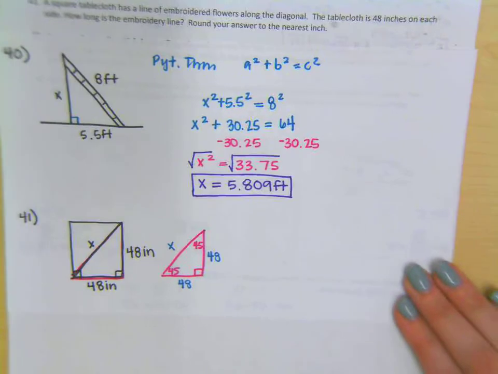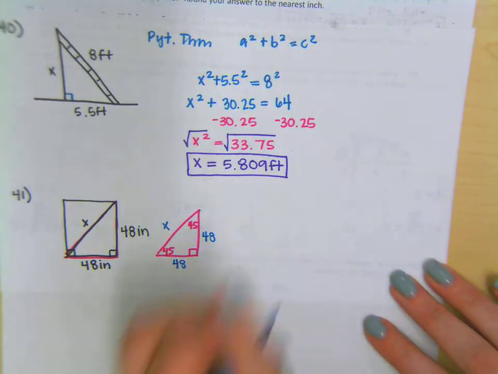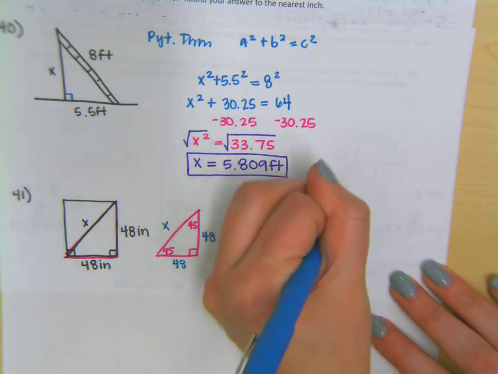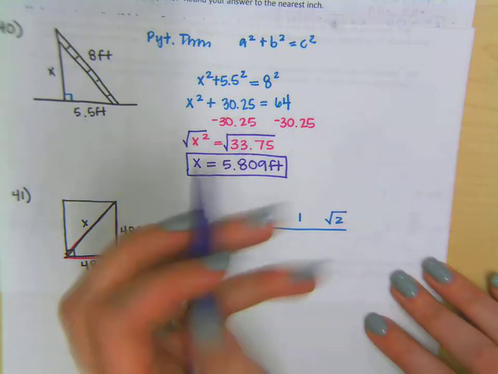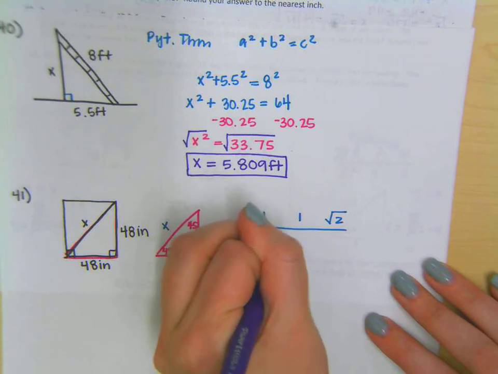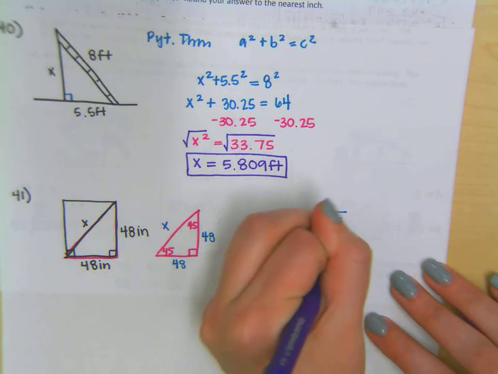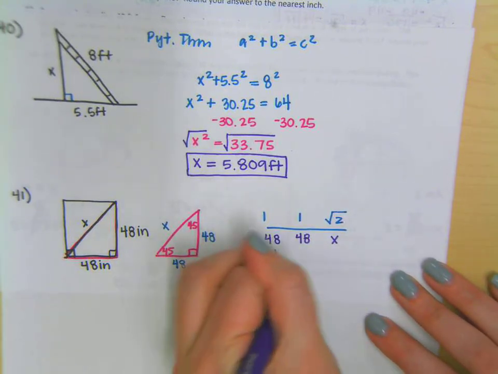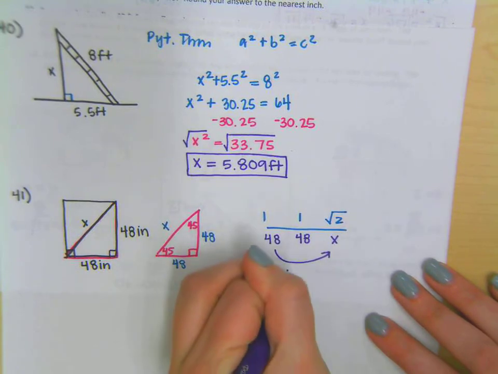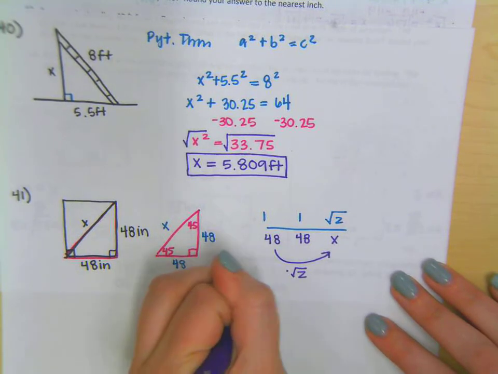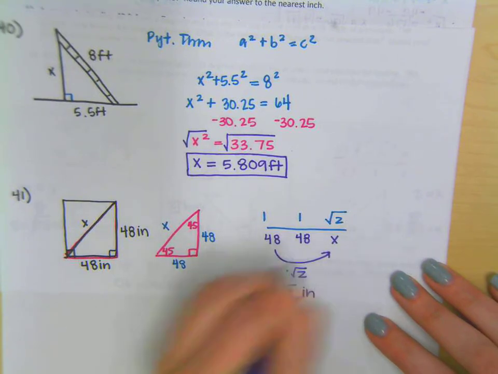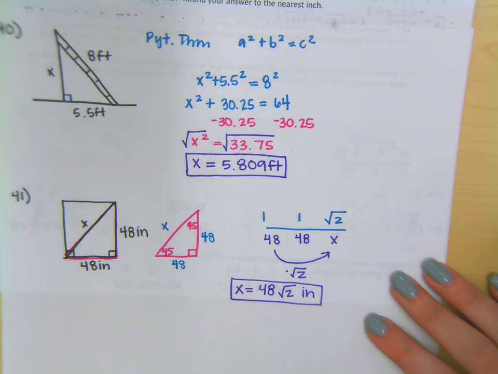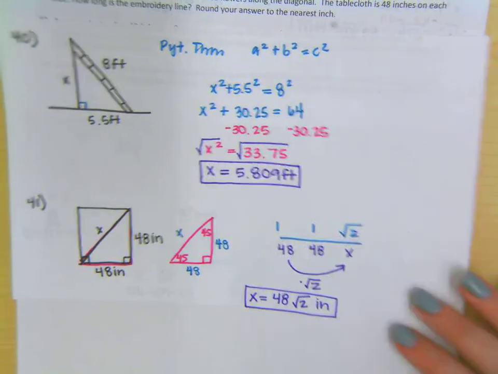So we can set up our ratio, which is 1 to 1 to square root of 2. And we know that these are 48 each, and we're looking for that diagonal. So in order to get there, we're going to multiply by the square root of 2. So it is going to equal 48 square root of 2 inches long. Alright, so that's number 41.